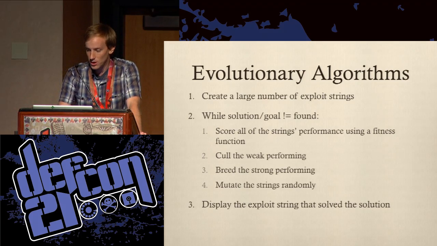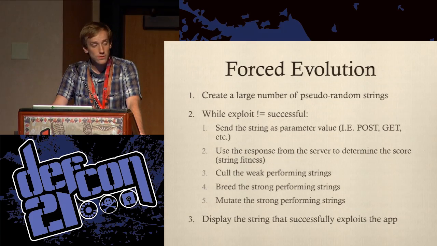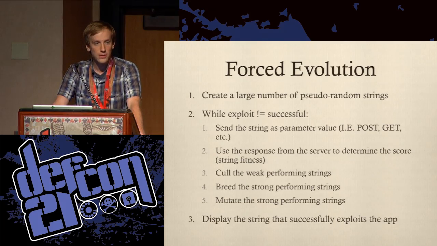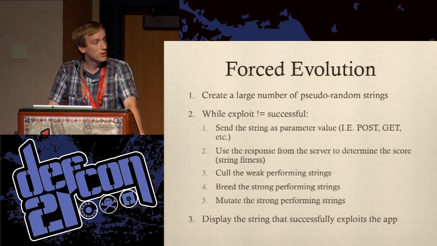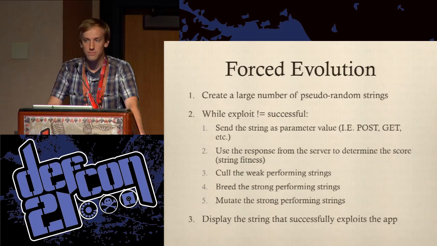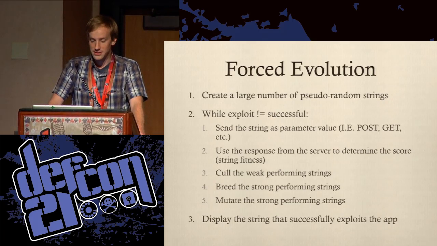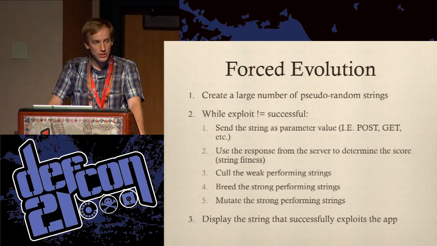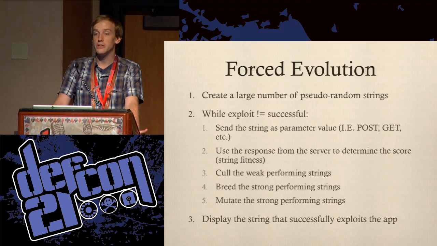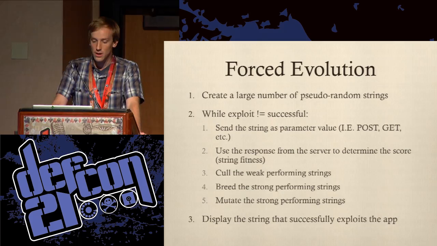The tool, Forced Evolution, does exactly this. We create a large number of pseudo-random strings. We are pulling upon the history of all previous SQL injections and command injections, all that I could find, and using them to influence the population of creatures that we breed. So we're not losing evolutionary progress; we're progressing forward.